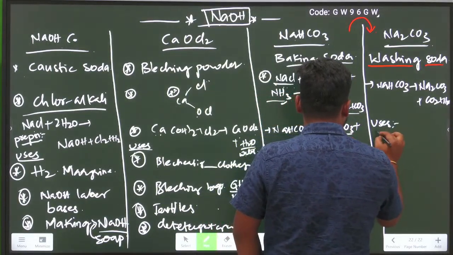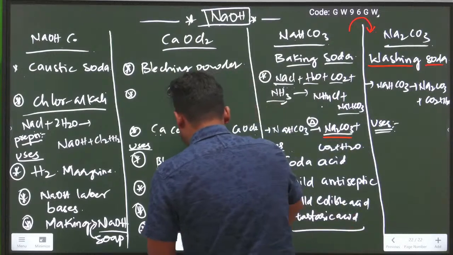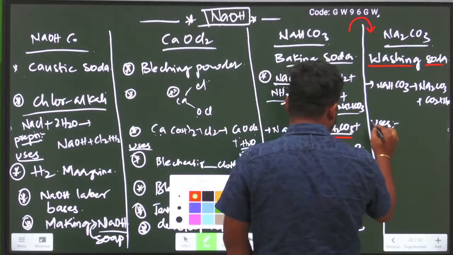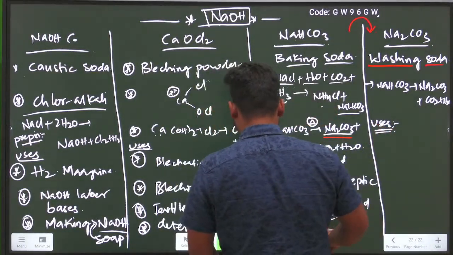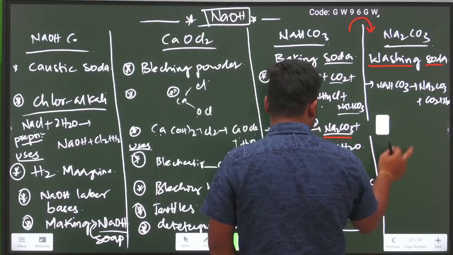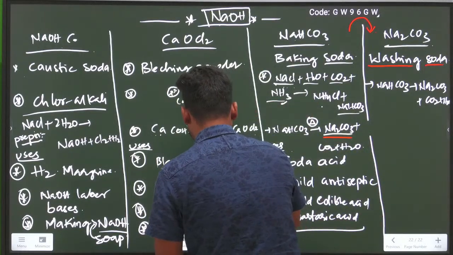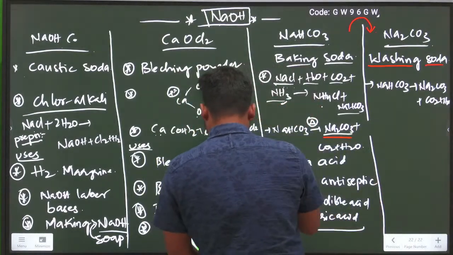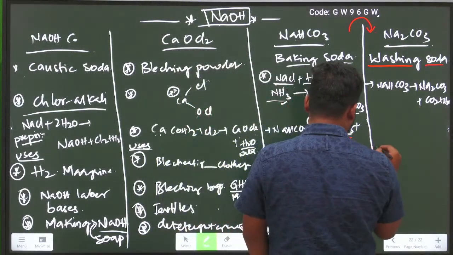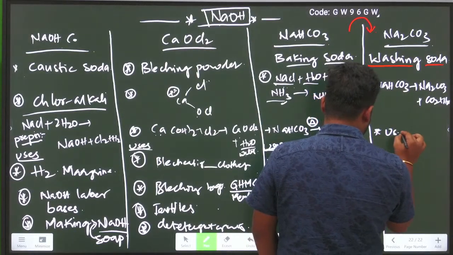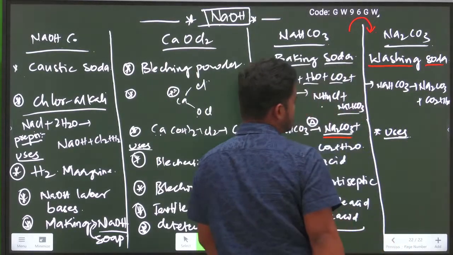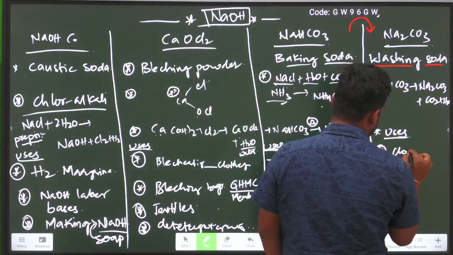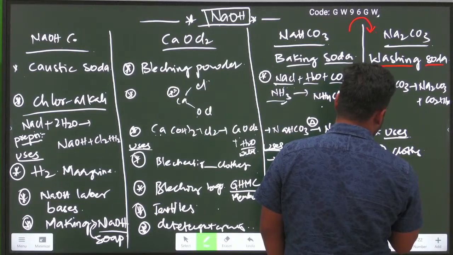And if you take some uses, you can write uses. Yes. So next one is uses. This washing soda is used in many cloth industries to remove dirt.